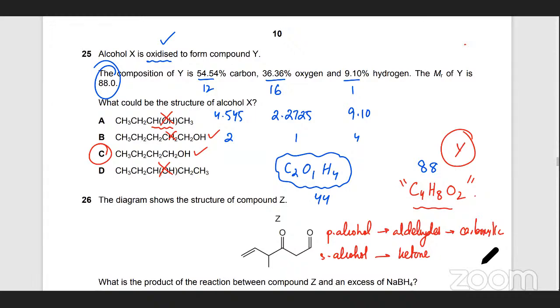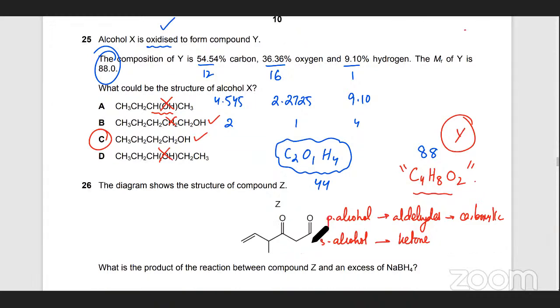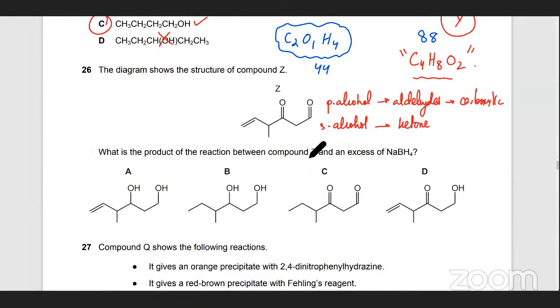So next is the next one. You have this molecule. What is the product of the reaction between compound Z and an excess of NaBH4? This one is a reducing agent, and it does the opposite.